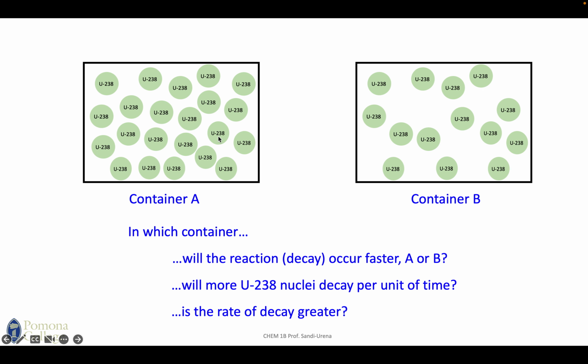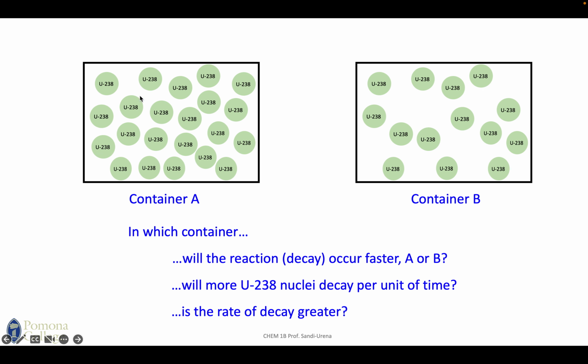There's one thing very important to clarify, because some students I've noticed get a little confused about this. When we have a collection of particles, like here uranium-238, and we talk about them decomposing, they are not individually decomposing at the same time. You can find an average of the time it takes to decompose a given sample.